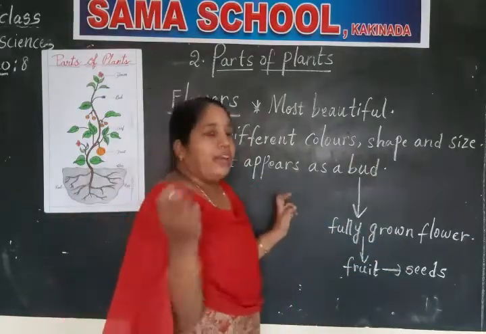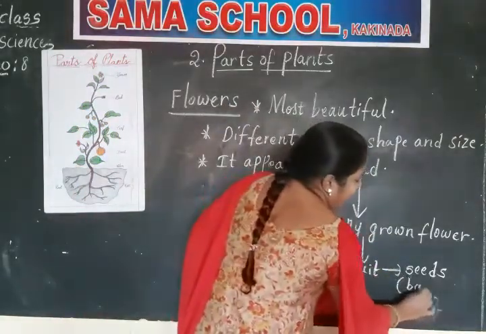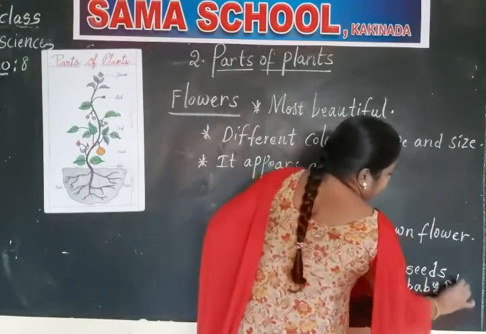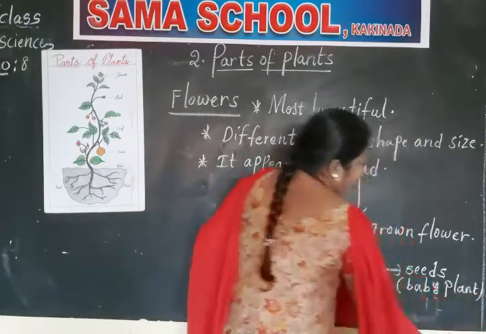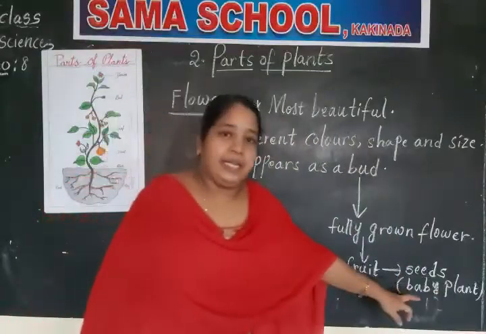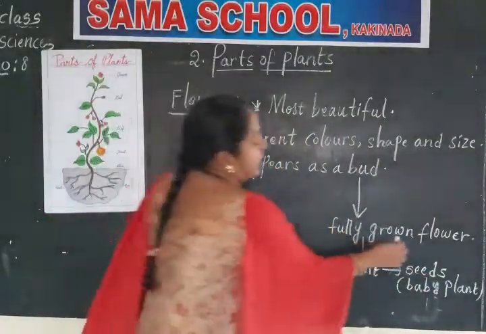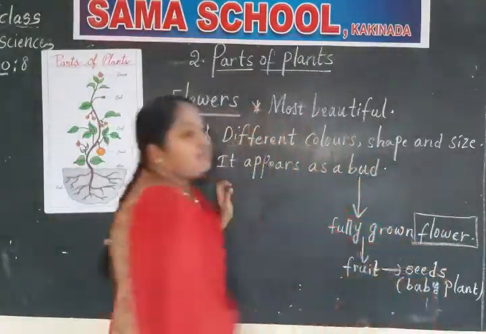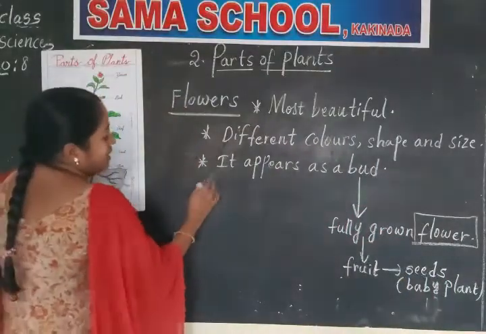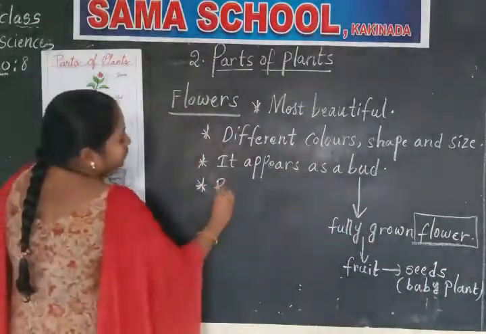And you all know that from the seed we will get a baby plant. That's why the flower is a reproductive part of the plant.